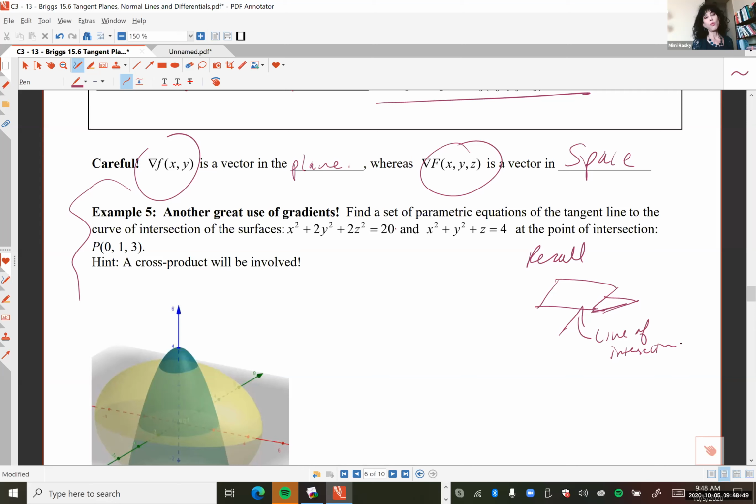So let's walk through the choreography that we used to do this problem that was on the midterm, in case you spaced out or you forgot, because we're going to do the same strategy on this problem. If you understand the midterm problem, then you'll totally understand how to do this one. For this line of intersection, we needed a direction vector.